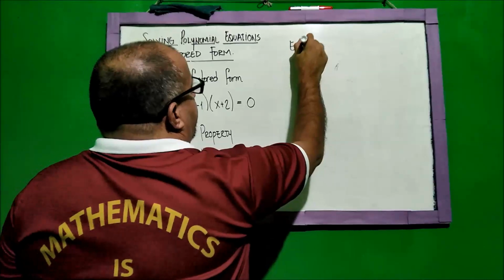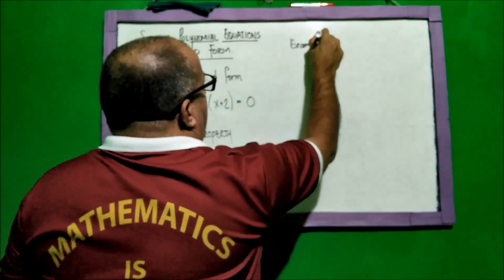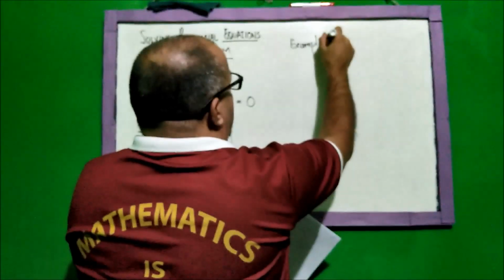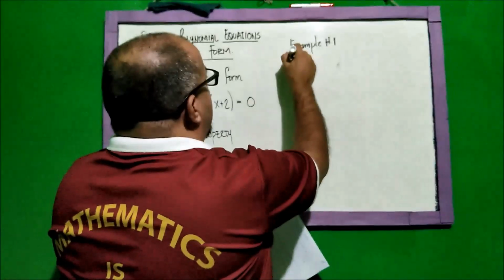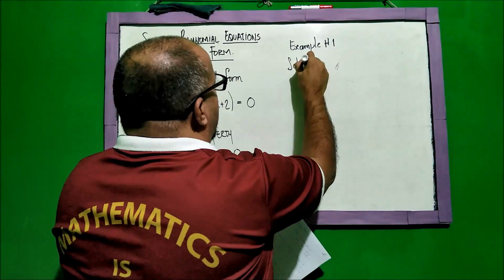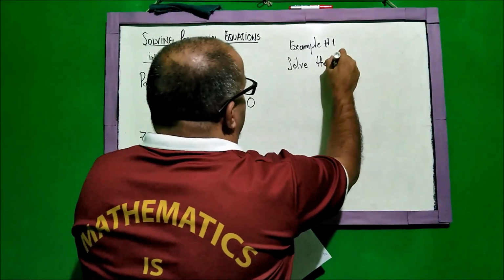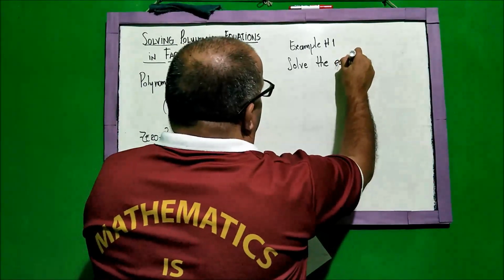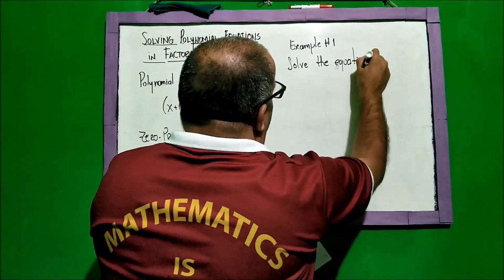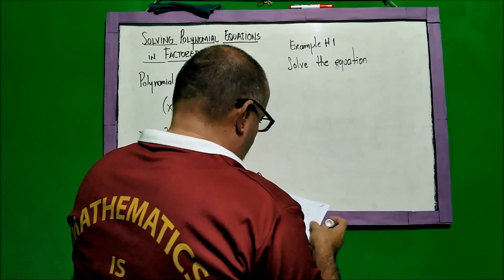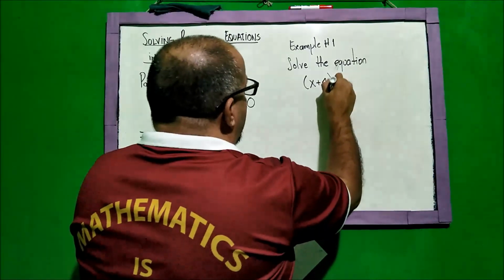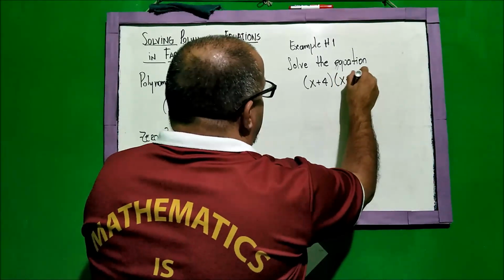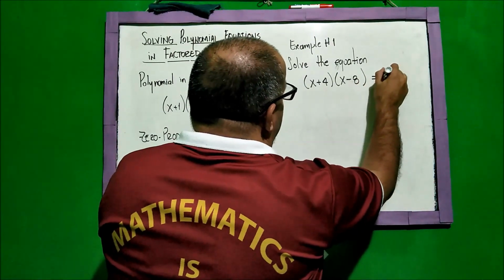Example number 1. Let's solve the equation x plus 4 times x minus 8, and all this equal to 0.